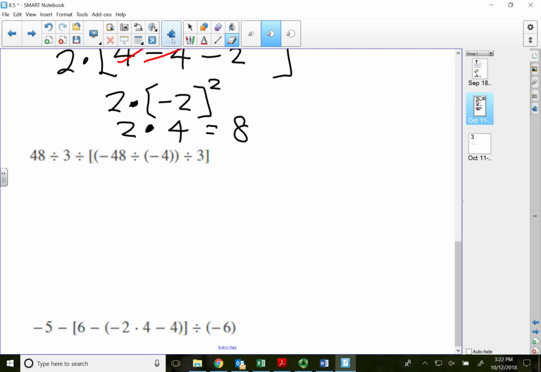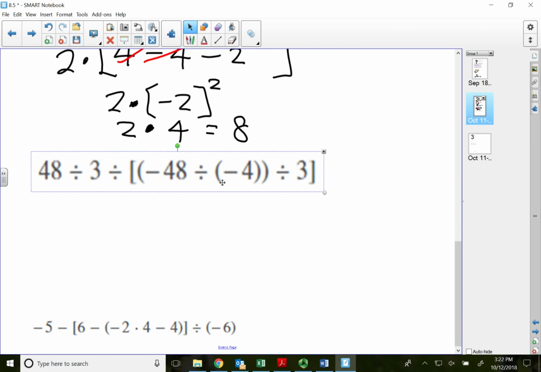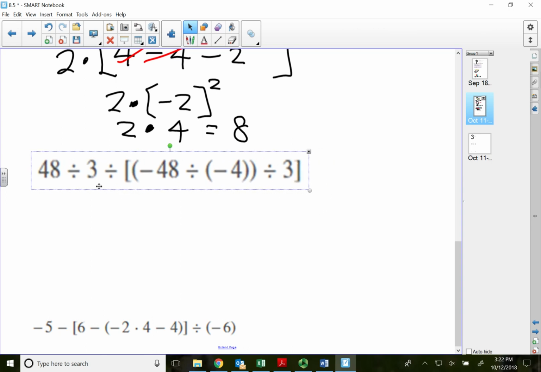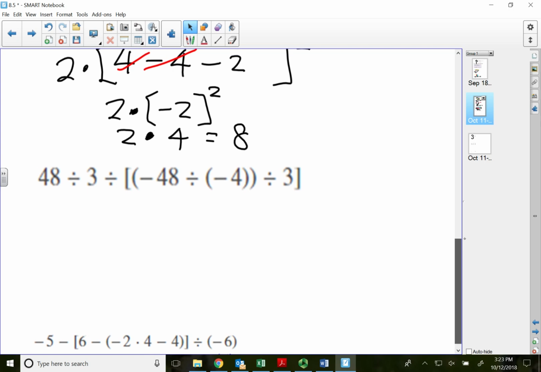All right, let's try another one. Again, this problem is very interesting because according to the order of operations, we've got to do what's inside the bracket. But everything is actually one term, to be honest. There's no plus or minus here. So I want you to take a look at where the bracket is. Bracket here to here.